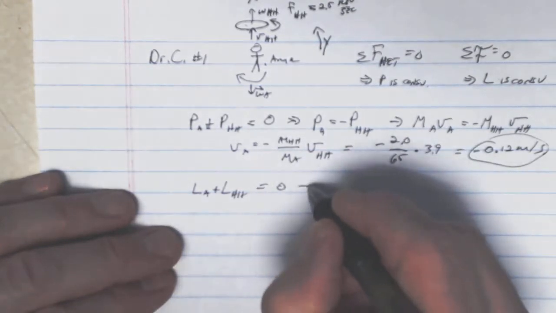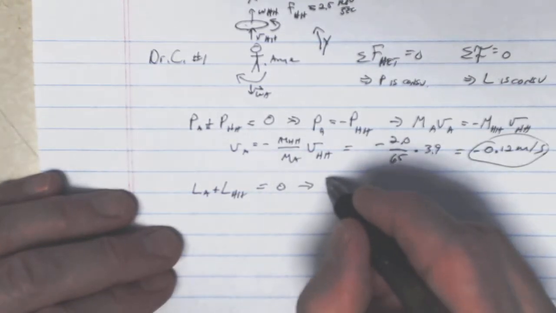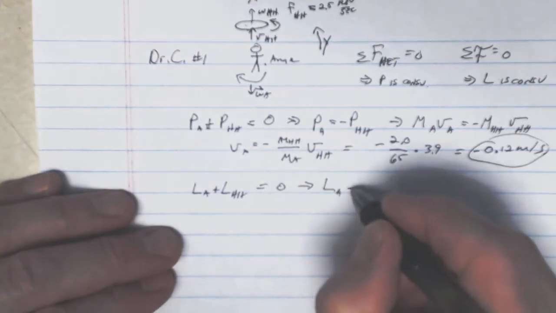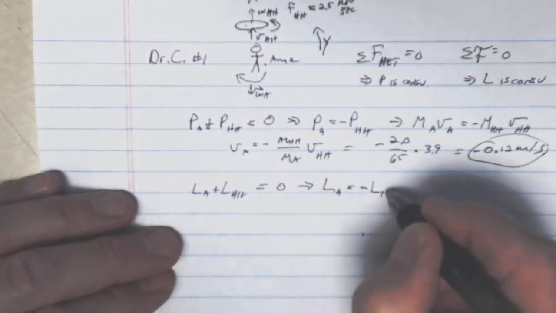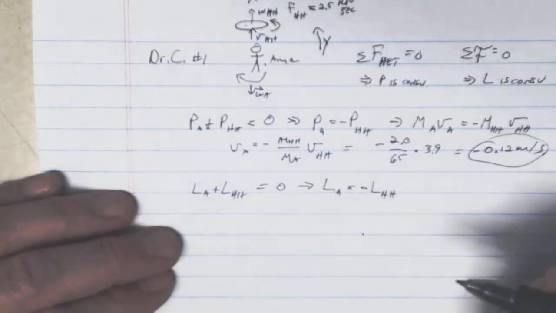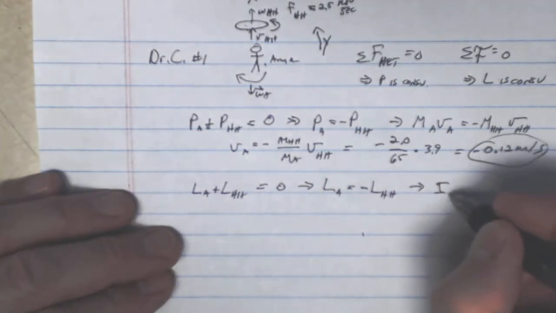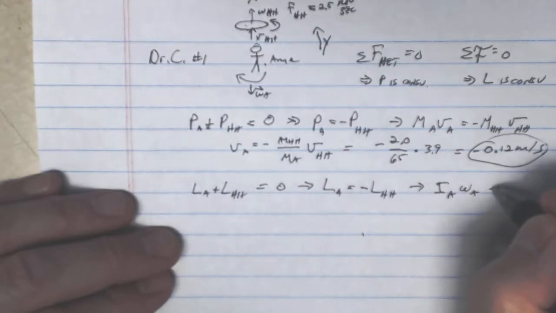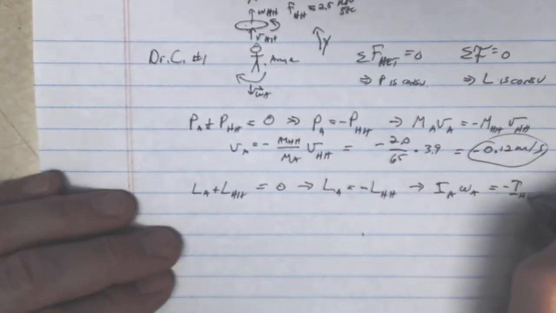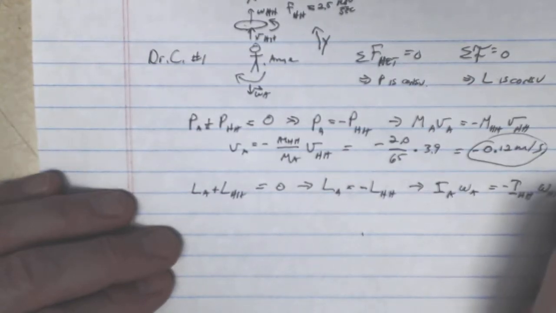So this tells us that the final angular momentum of Anne is just the negative of the angular momentum of the hula hoop when you observe it after she throws it. And writing out angular momentum in terms of omegas, that's just I_A omega_A for Anne equals negative I of the hula hoop, omega of the hula hoop.